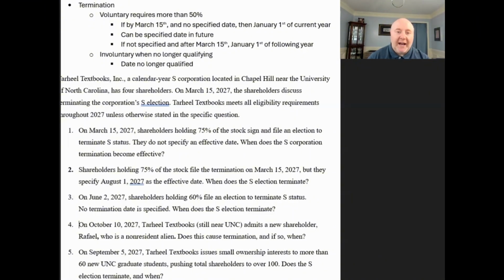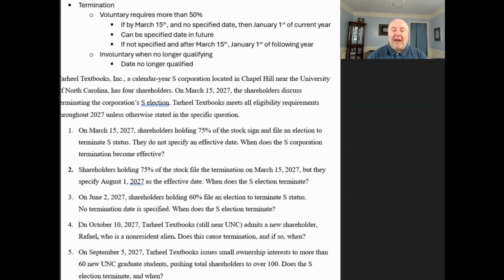If on March 16th they wanted to go back to January 1st, 2026, they cannot do that. That has to be March 15th or before, the 15th day of the third month or before.